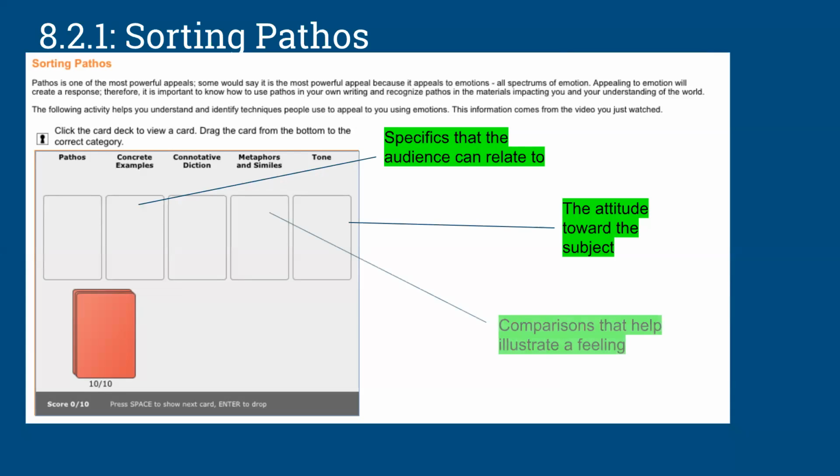Metaphors and similes, you've probably heard of those before. They're the comparisons. A simile, oh gosh, I'm an English teacher and I always get these mixed up. A simile is using like or as, comparing two things, and a metaphor is just a straight comparison. A good example, again from that University of Maryland video, is you might say that texting in class, when you're in a classroom with a professor or teacher, is disrespectful.